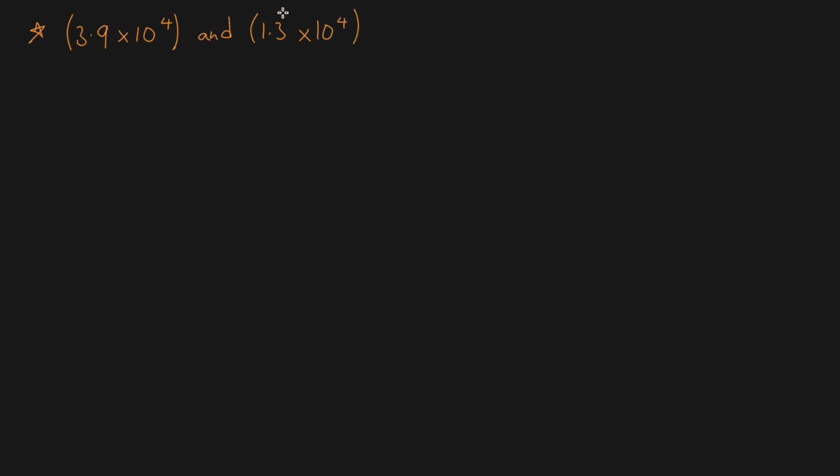So for the sake of explanation, I'll do it. Here we can see that the tens exponents are the same, but we won't care about that. So let's do the multiplication.